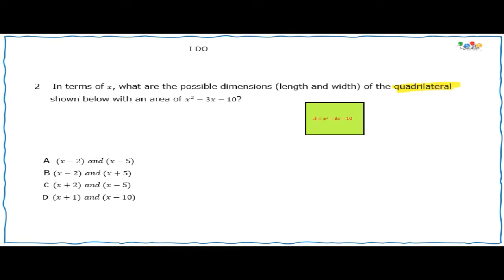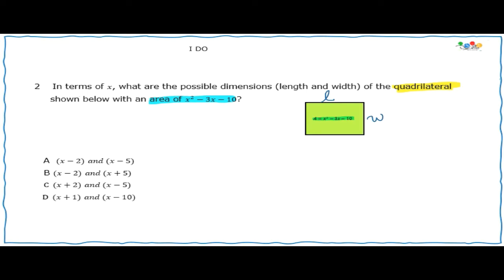Next, x squared minus 3x minus 10 is the area, which is already given to you guys. So I need to find the length and the width.